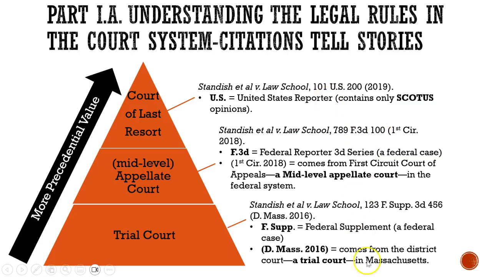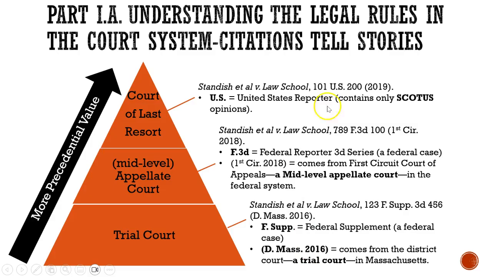So it's very consistent throughout all of case reporting. Again, this case comes from the United States Reporter. That particular reporter set contains only SCOTUS, Supreme Court of the United States opinions, and it was a 2019 case.